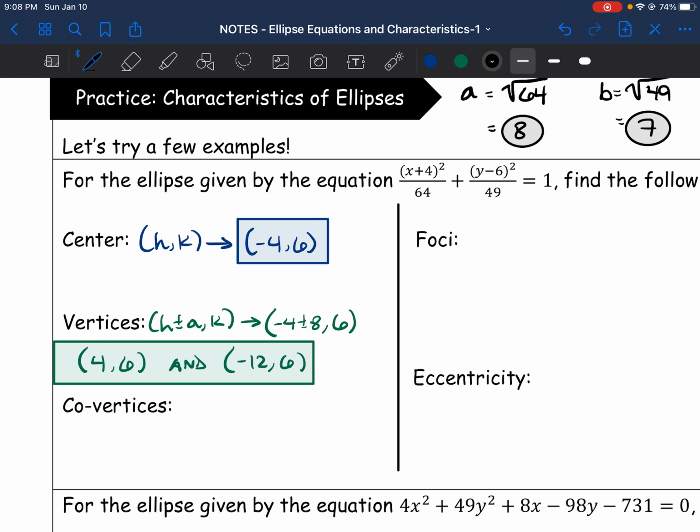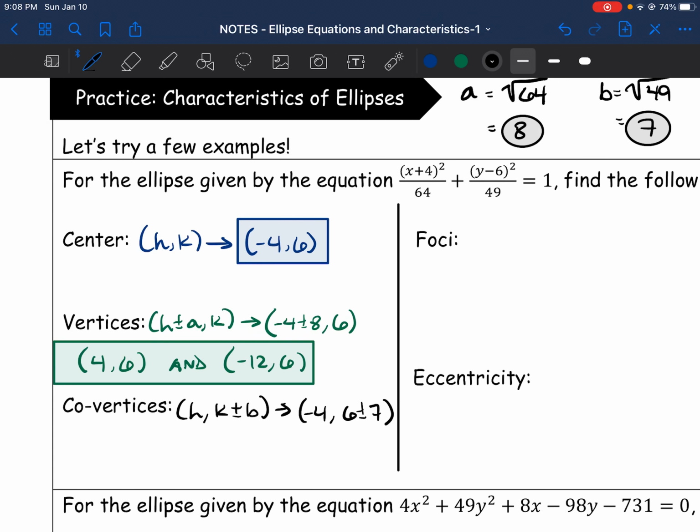All right, now let's look for the covertices. Again, since this is a horizontal ellipse, since the number underneath X is largest, the formula that finds the covertices is h comma k plus or minus b. h in this case is -4, k is 6, plus or minus b, and we know that b is 7.